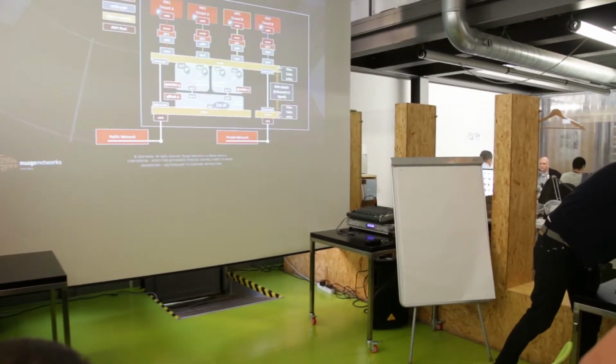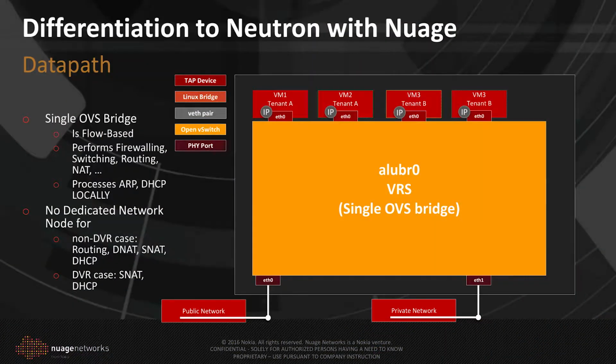With Nuage, the drawing is always the same. So we have one single vSwitch. We plug in everything, even if these are two virtual machines from two different tenants. And in this part, we realize functionality of layer 2, layer 3, firewalling, and also functionality like isolation.